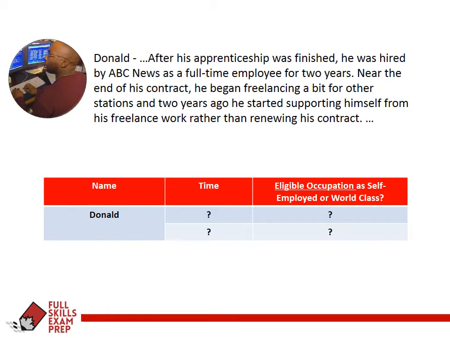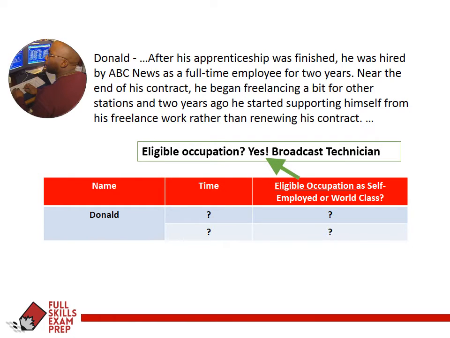So for Donald, what we're looking at is the time that he spent, and of course, if it was an eligible occupation. If it was an eligible occupation, was he self-employed or at a world-class level? All right, so you can see in your test day data book, and if you want to look at the NOC chart as well, you can see that a broadcast technician is an eligible occupation for experience in the self-employed category.